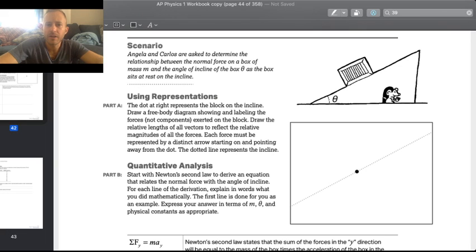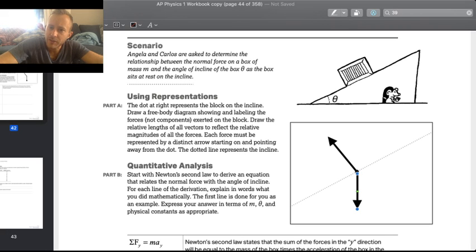Okay, so we've got normal force, which points perpendicular to the block. We've got weight force, which points downward. Okay.